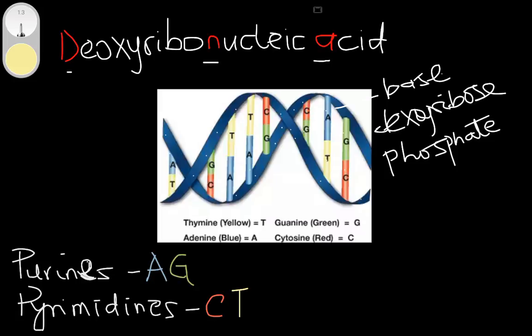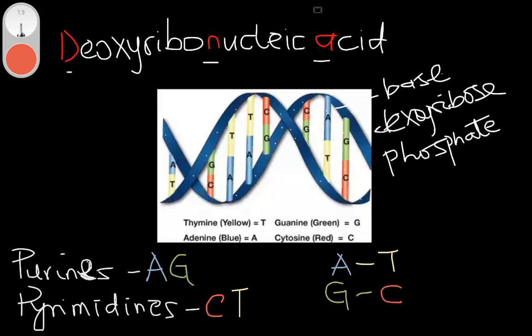Adenine, A, binds only with thymine, that's T. While guanine, that's G, binds only with cytosine. So anywhere there is a DNA strand, the adenine base will bind to thymine, and guanine will bind to cytosine.